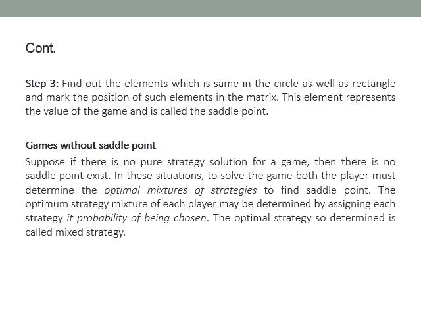So now, if there is no saddle point, we will choose a mixed strategy instead of a saddle point. There are 3 steps to follow for solving the game theory by the saddle point.